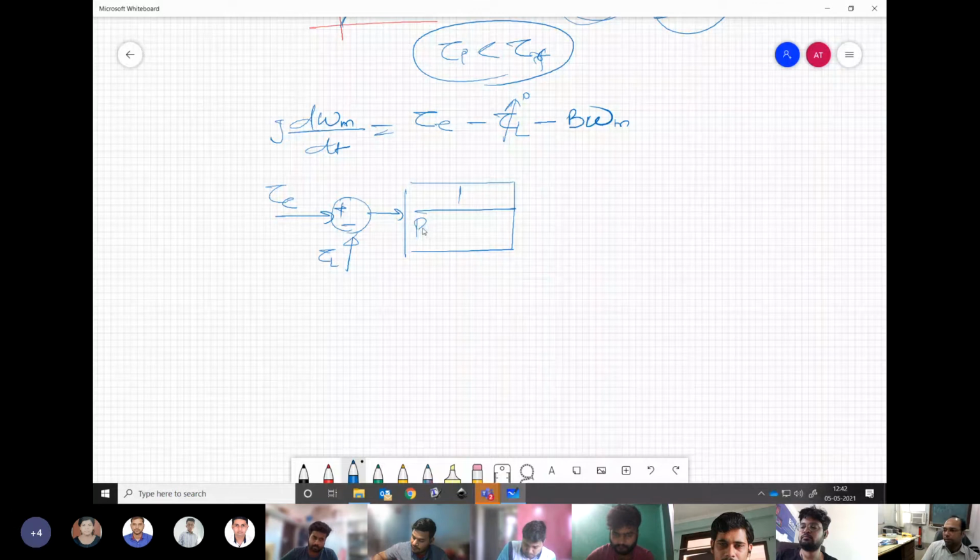Understanding my point? Very similar to our separately excited DC motor or PMSM. Any motor is similar because mechanical dynamics are very similar for each system. Now here our mechanical time constant is J by B, which is very high.